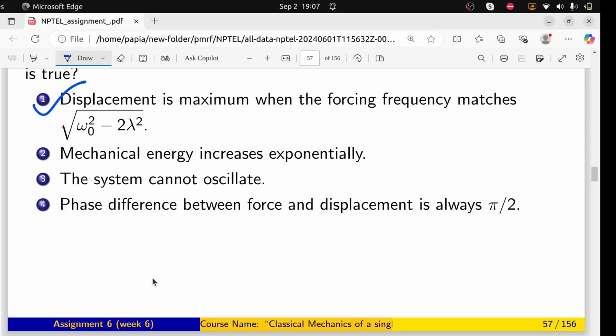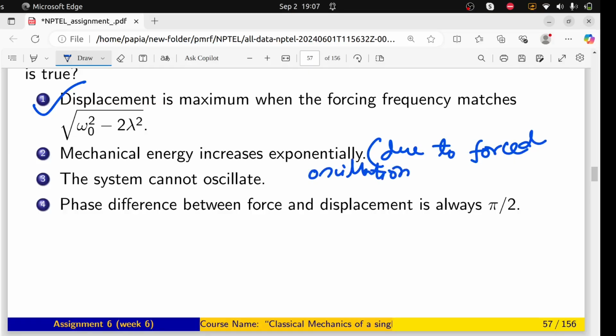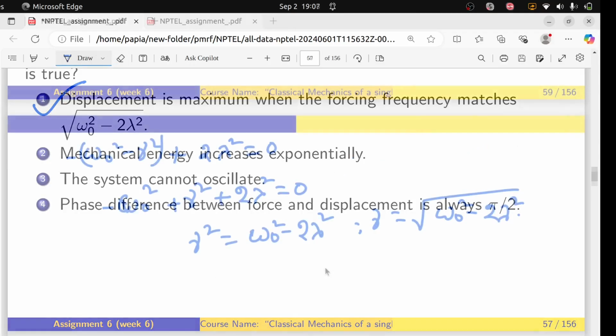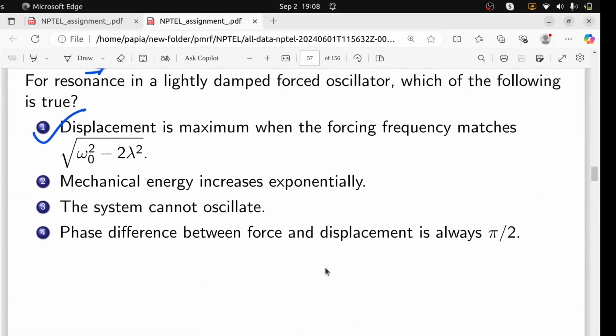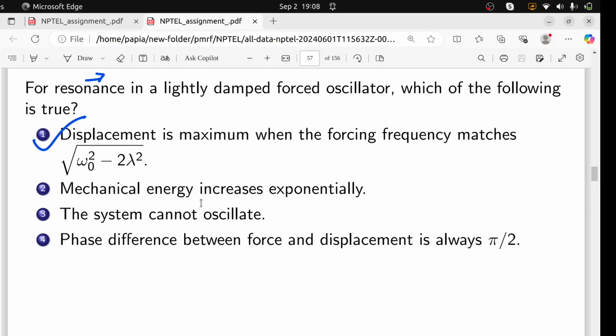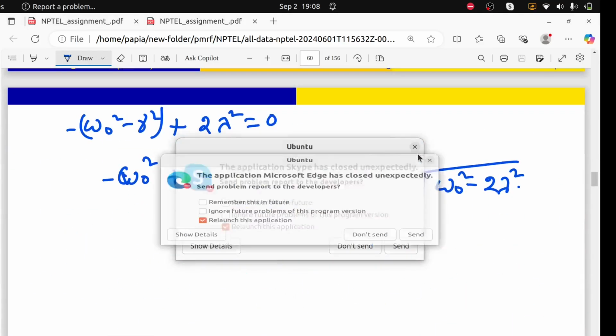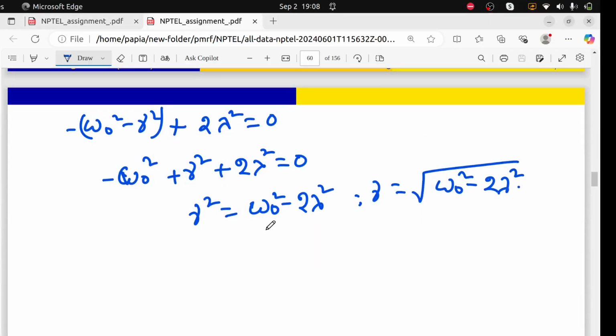So this is gamma as root over omega 0 square minus 2 lambda square, and the first one is correct. Now what about mechanical energy increases exponentially? So this is not correct. Why? I can tell. Just a minute.